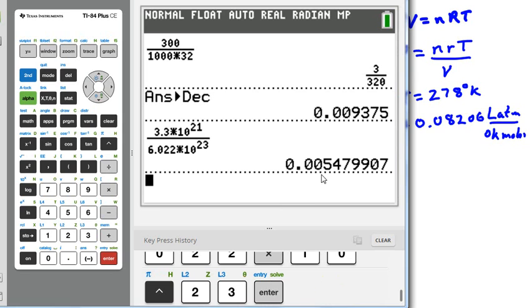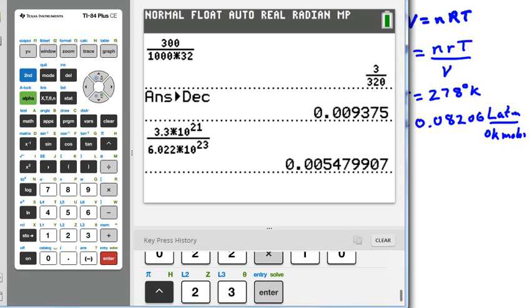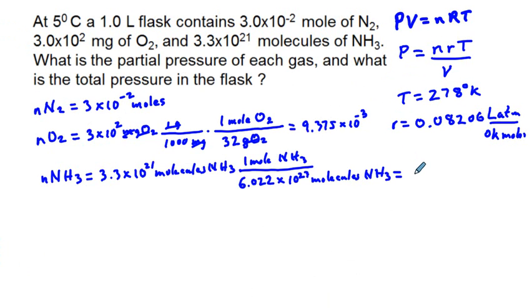We get approximately 5.480 times 10 to the negative 3 power, and that's going to be moles.